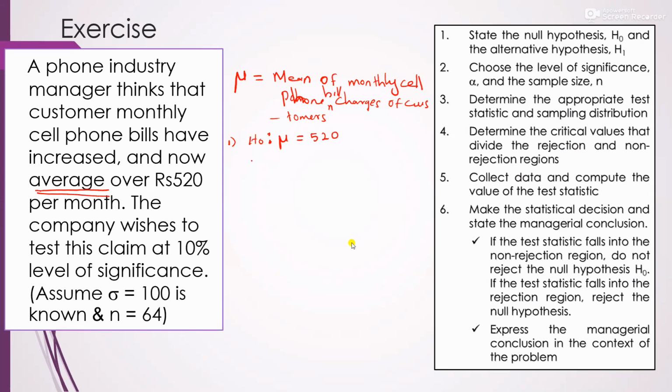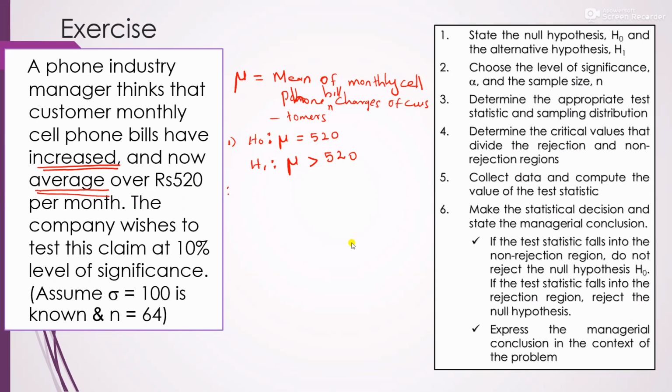Then H1, your alternative hypothesis, says that the cell phone bills have increased, so mu greater than 520. Under the null hypothesis, mu should be 520, and H1 is mu greater than 520. Now we completed step 1, and if you define these two things, then you will get 2 marks, right?